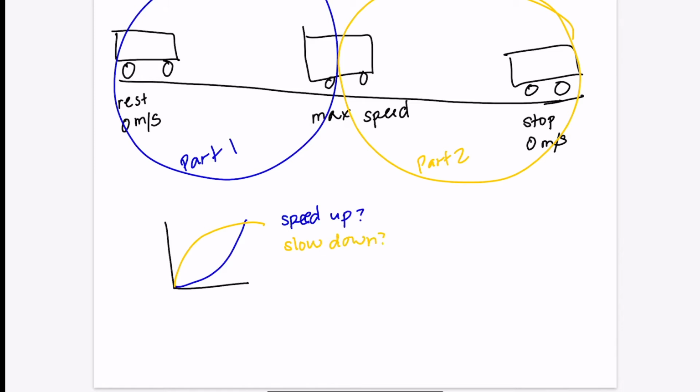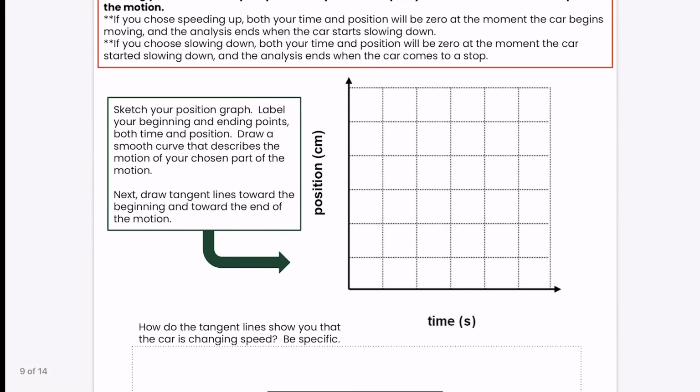You want to talk about that using position and time. So describe it using the words position and time. Don't tell me that speeding up is when the speed increases, because that's literally what speeding up means. Just say it without using the words speed up or slow down.